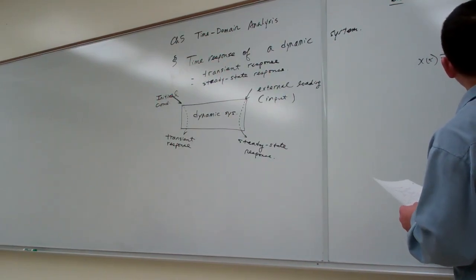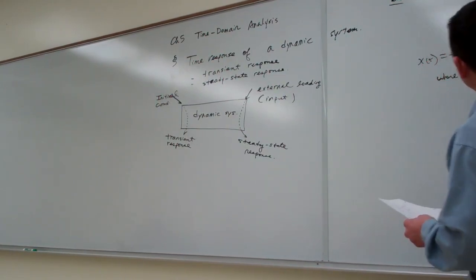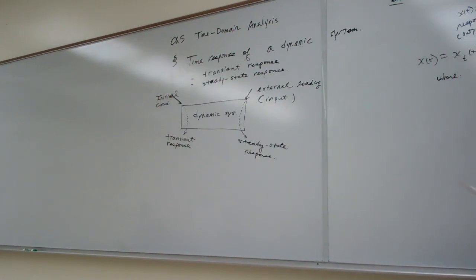The transient part is called the homogeneous solution, and the steady state part is called the non-homogeneous solution. Those are the terminologies used in differential equations.